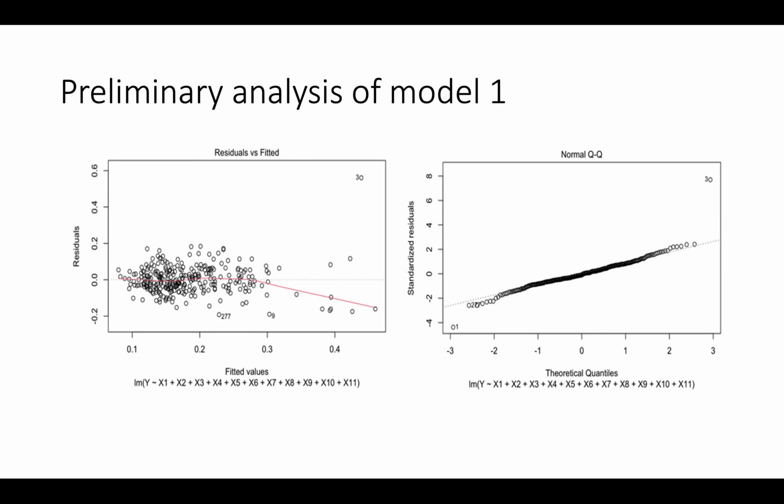So in this case, it could be linear but with outliers. And from the QQ plot, we can see that most of the points follow a straight line, but there are two obvious outliers, points 1 and 3, that might make the dataset violate the normal distribution.